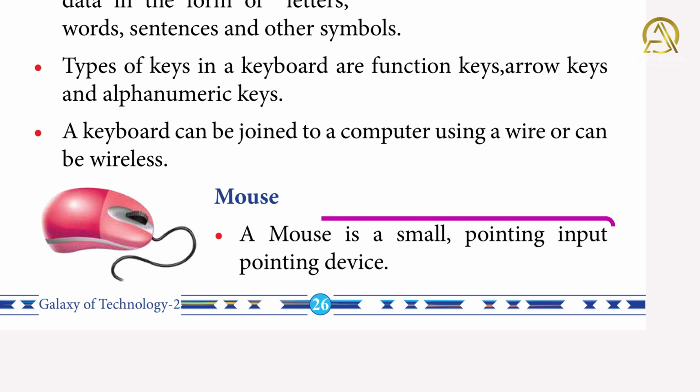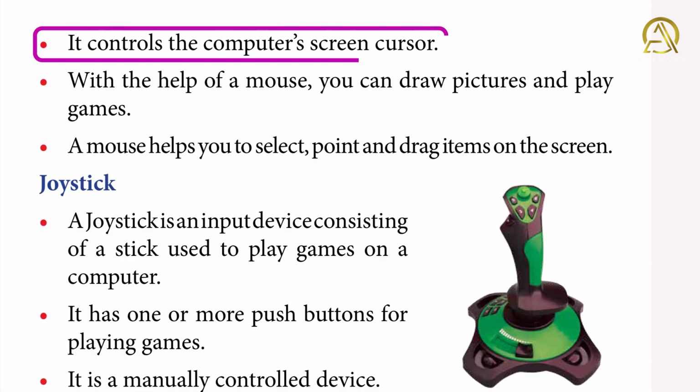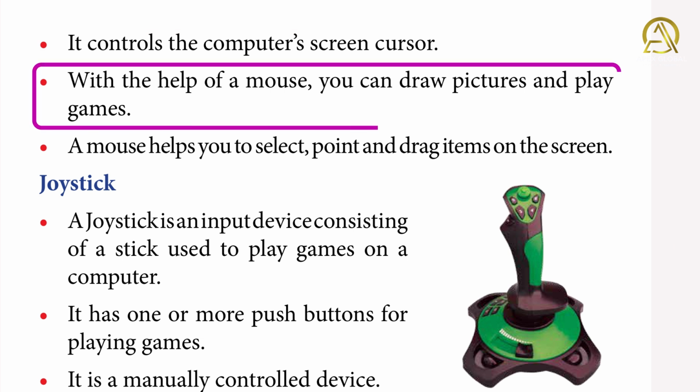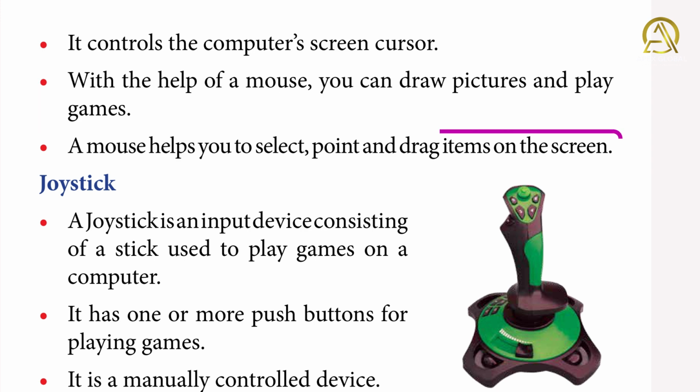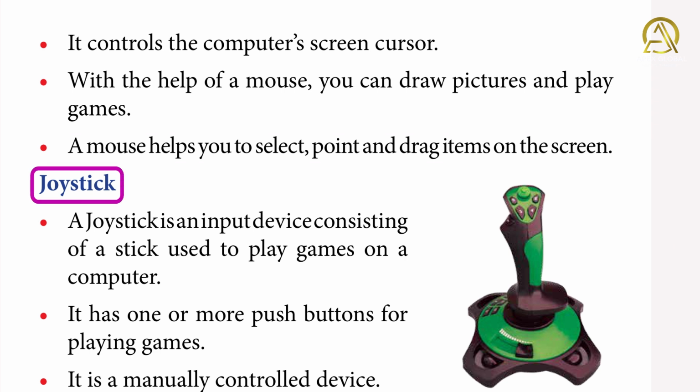Mouse. A mouse is a small input pointing device. It controls the computer screen cursor. With the help of a mouse, you can draw pictures and play games. A mouse helps you to select, point and drag items on the screen. Joystick.